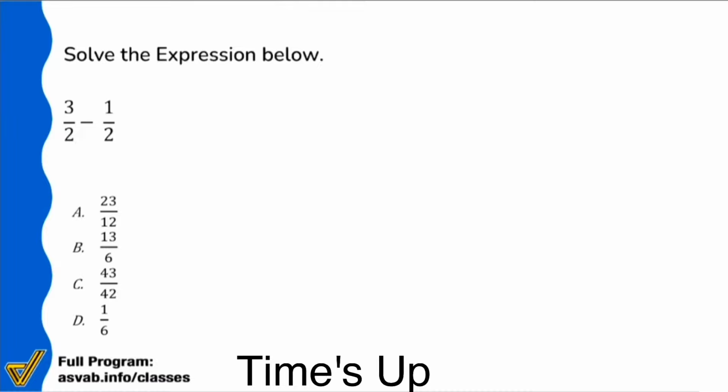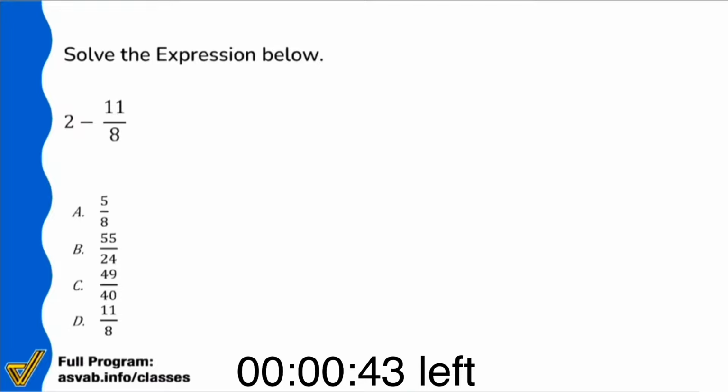Next up, hit it. This one's going to be very, very quick. But this one here actually was an error. This is the error that I found earlier. Don't want that one. This is the one. Timer starting now.